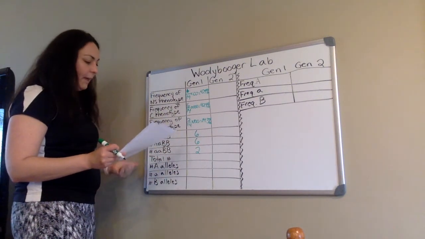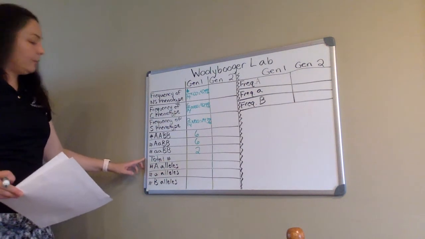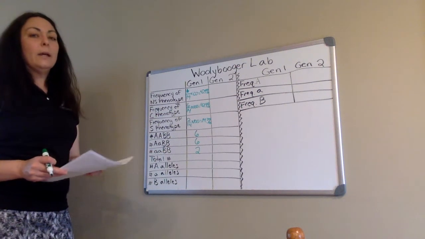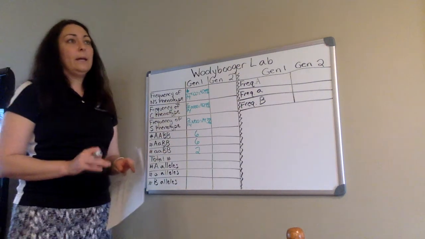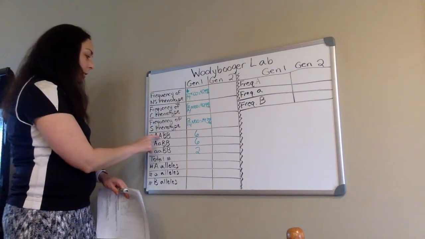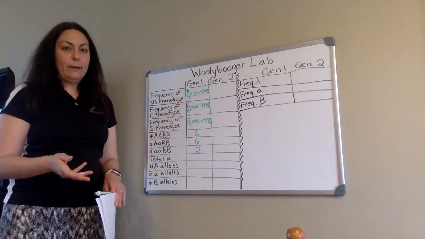Okay, so we got that part done. Then the total number of alleles can be kind of confusing to calculate, because we have to keep in mind that each woolly booger has 4 alleles, 1, 2, 3, 4, determining the type of beak that they have.